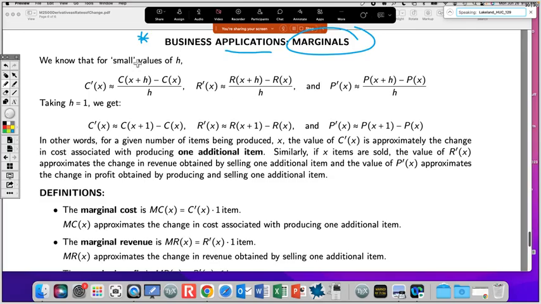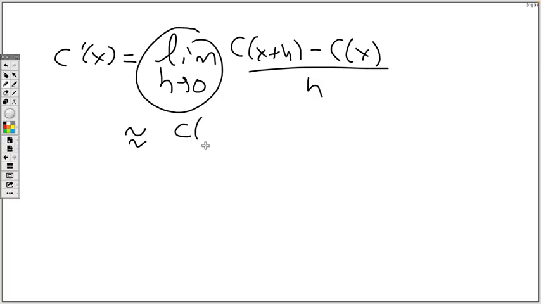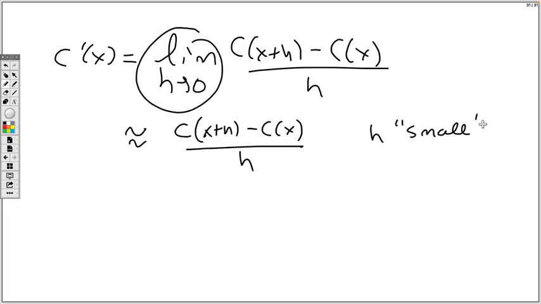You follow? So the way this works is, once again, let's take the cost function. If you take the derivative of the cost function, that's our definition, you follow? And once again, we can approximate this if I take the limit off, for h small.